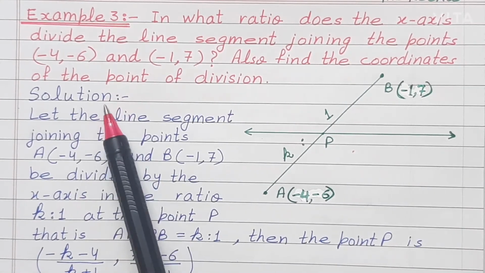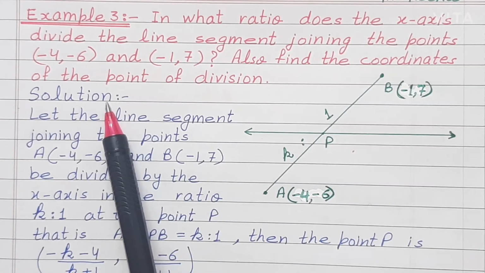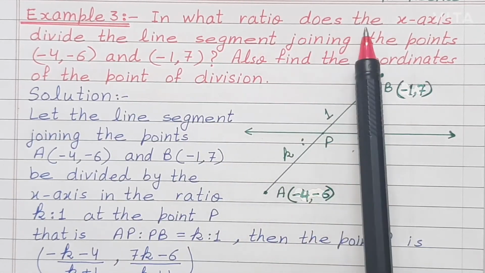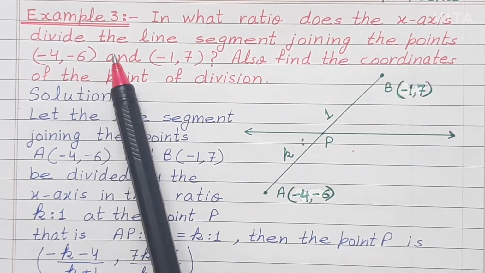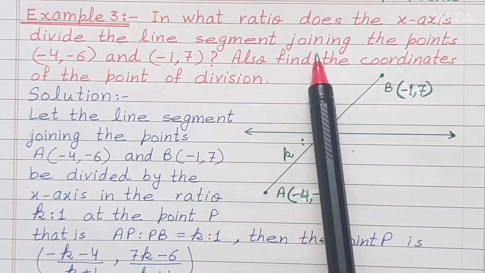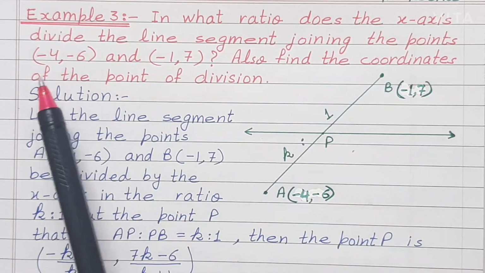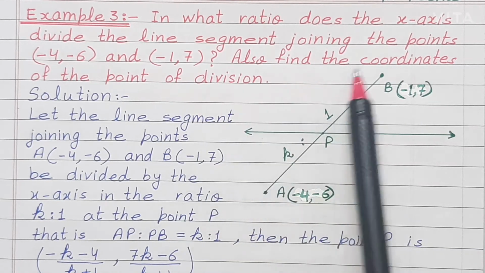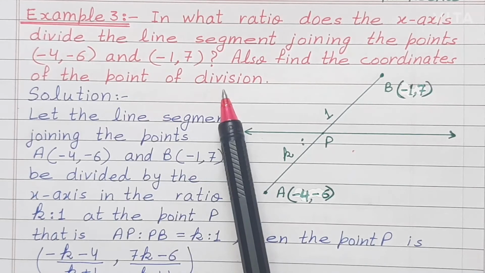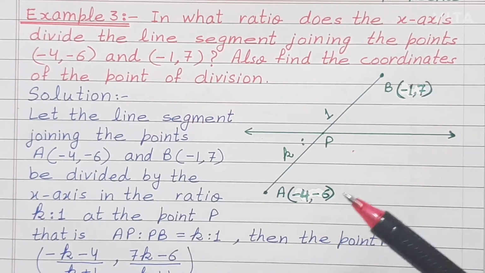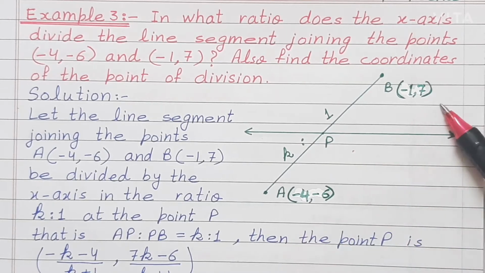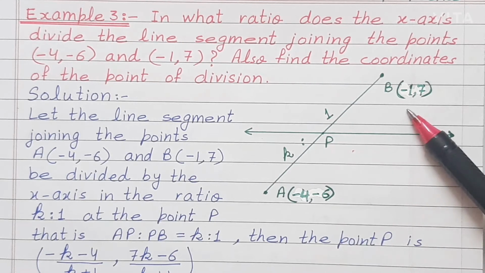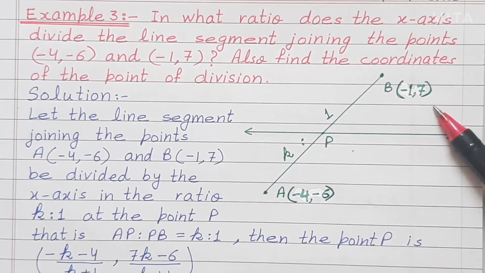Now let us discuss few examples based on section formula. So example number 3 is: in what ratio does the x-axis divide the line segment joining the points (-4, -6) and (-1, 7)? Also find the coordinates of the point of division. Now students, you can see that there are 2 points A and B, where A is (-4, -6) and B is (-1, 7).